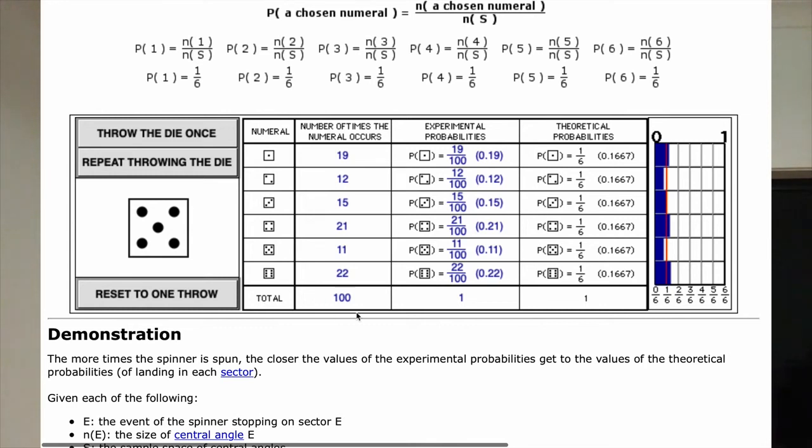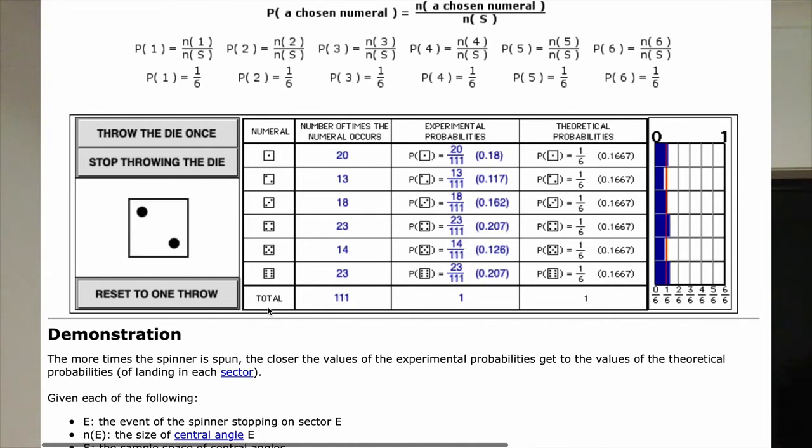So we're going to keep on rolling and see what we find when we get up to 200. Of the 10 rolls that we did, none of those times landed on a 3. However, as we keep on rolling, those 3s were rolled.